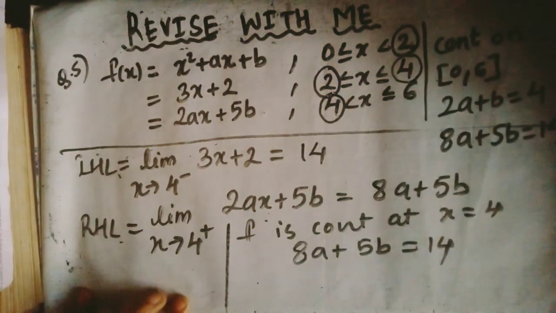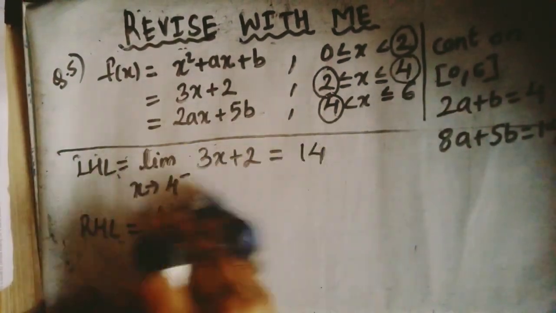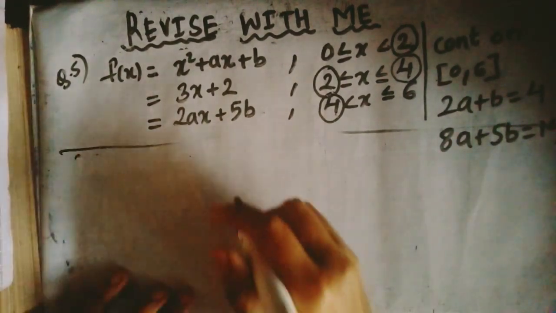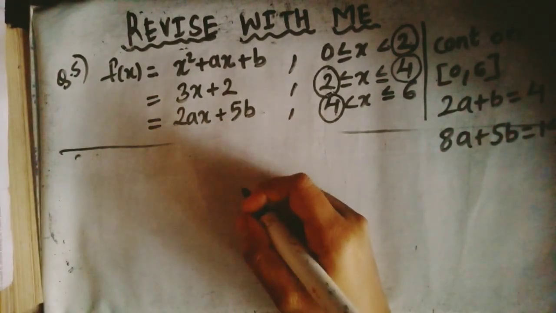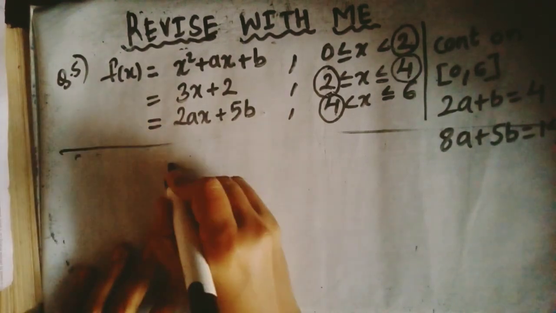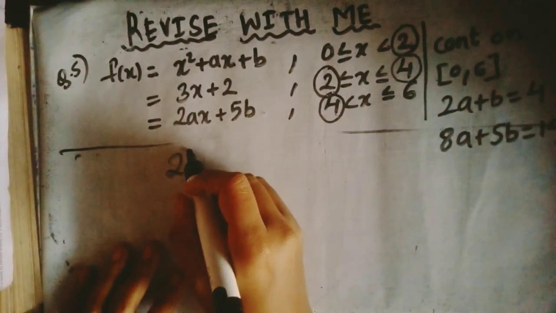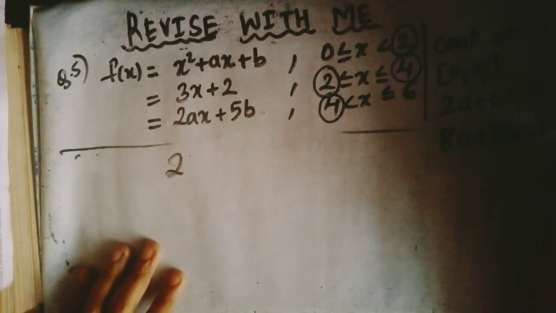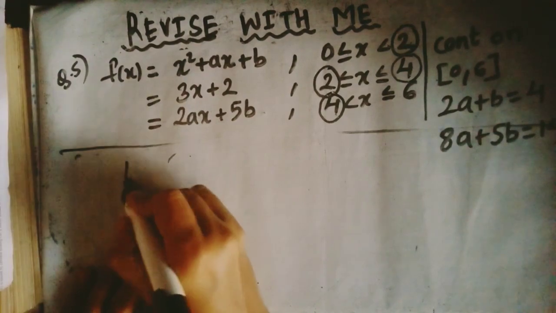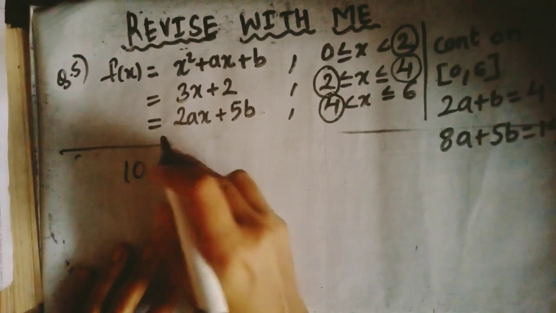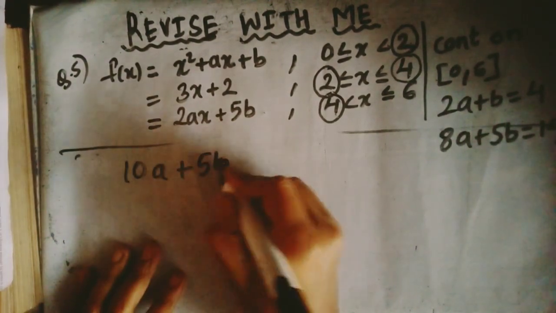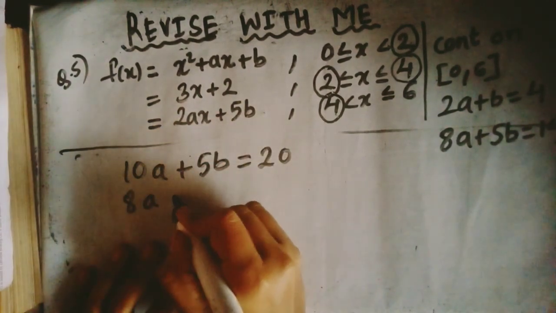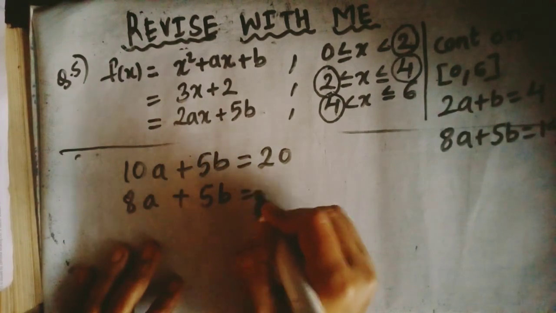Now you have to use the elimination method to find a and b. So I'll multiply the first equation with 5. 5 times 2 is 10a, 5b, 20. And 8a plus 5b is 14.